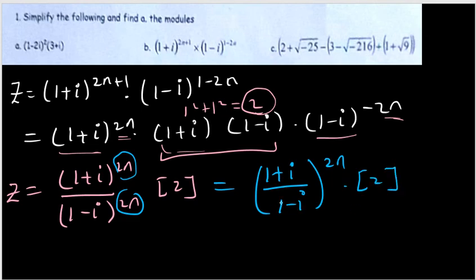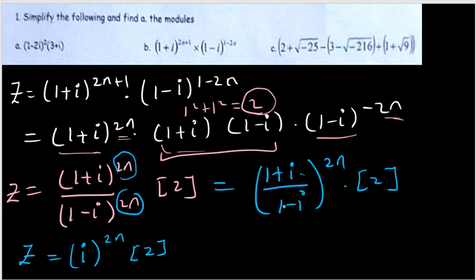And then let's rationalize the one in the bracket. When you rationalize, the simplest form will be just i. How come? You can multiply the numerator and the denominator by (1 plus i) over (1 plus i), the conjugate.